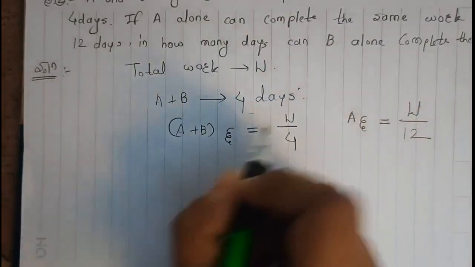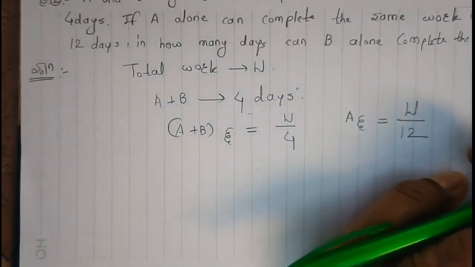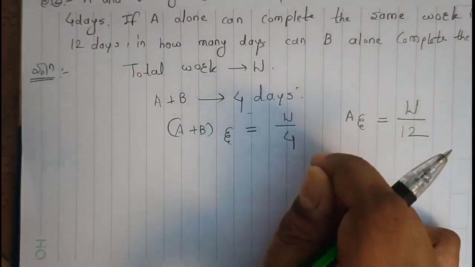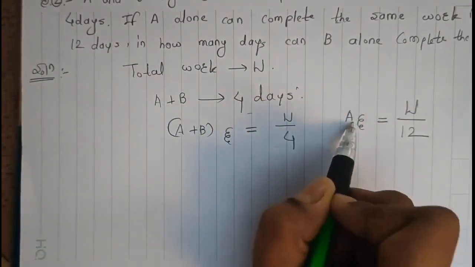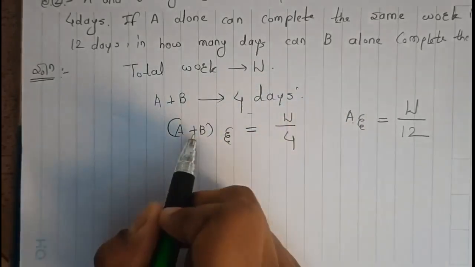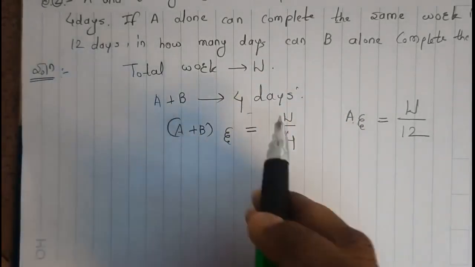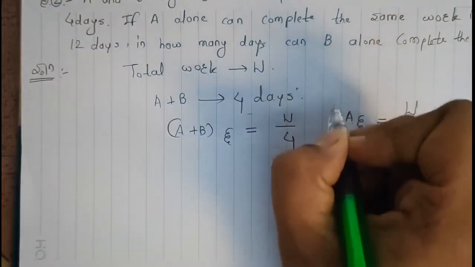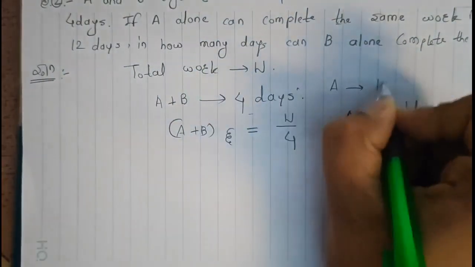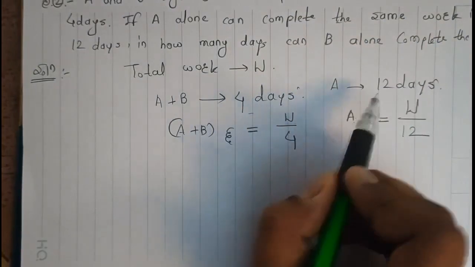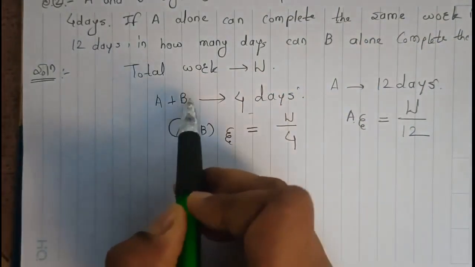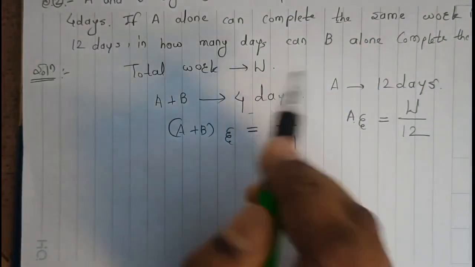So now, as I've previously mentioned, you always deal with efficiency equations. Now here you have A's efficiency, you can directly substitute this A's efficiency in this equation. Why? When you say, for example, A is taking 12 days, if you want to substitute these 12 days here, like 12 days plus B is equal to 4, this will be totally wrong.